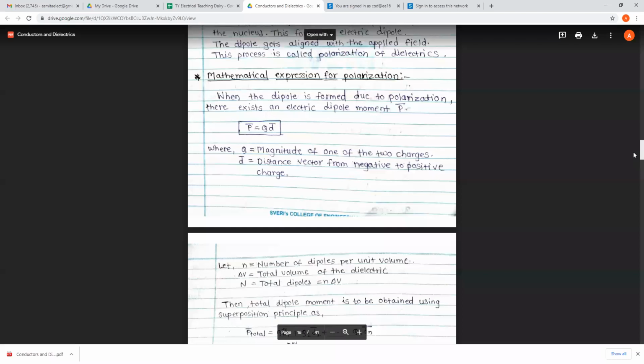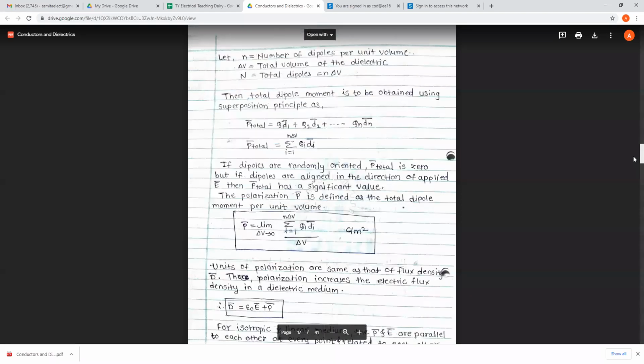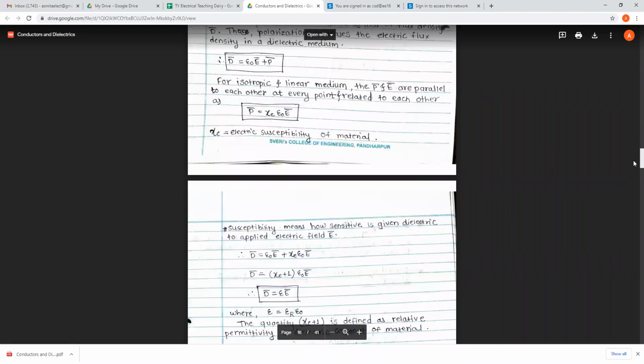Any one of these two may be given, and you have to write that particular unit. For current also, if they are not giving ampere directly, they may give coulomb per second. The same goes for potential, so you have to write the particular unit.